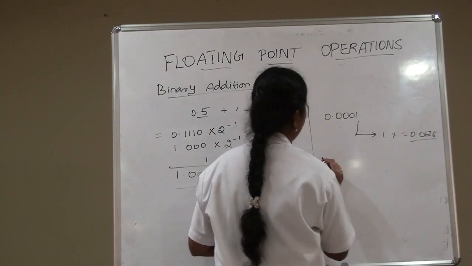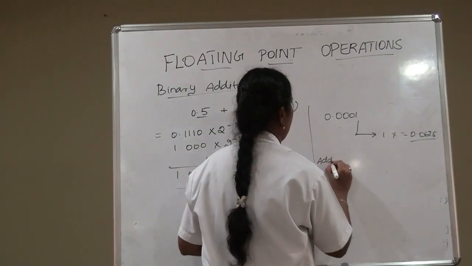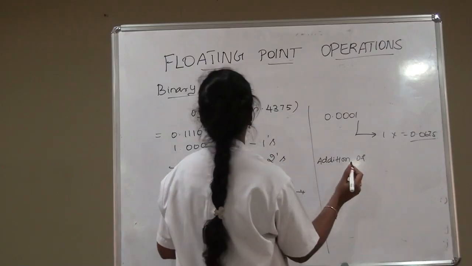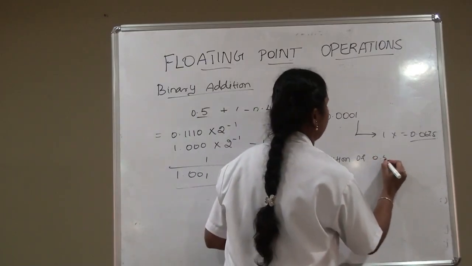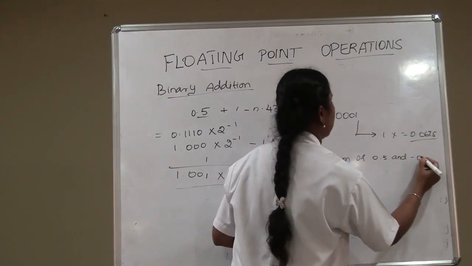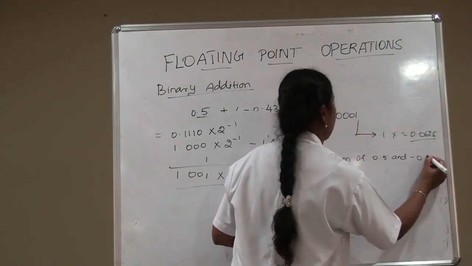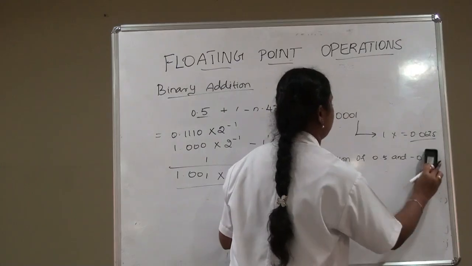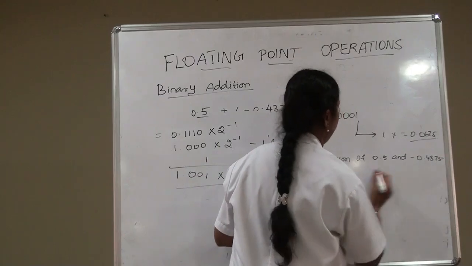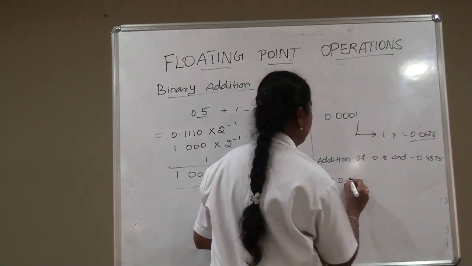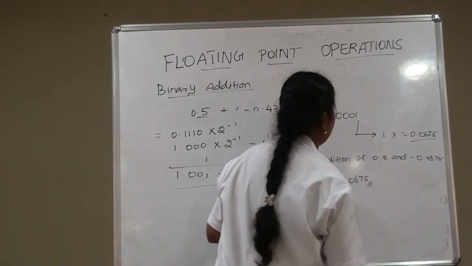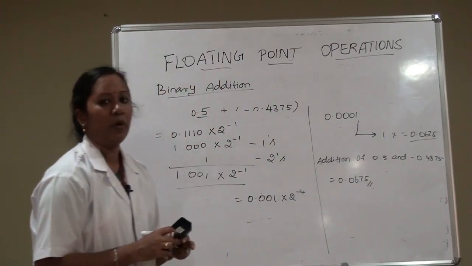So the respective addition of 0.5 and minus 0.4375 gives me the answer 0.0675. So this is how we perform the floating point addition.